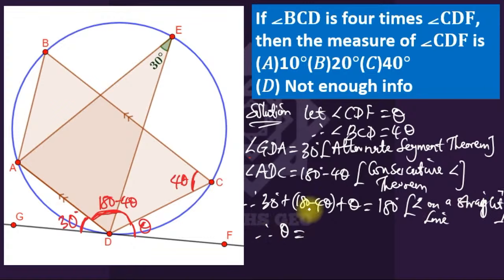Therefore theta, 180, this is minus 3 theta goes there, so theta will be 10 degrees. That's 30 over 3. So our answer is option A.